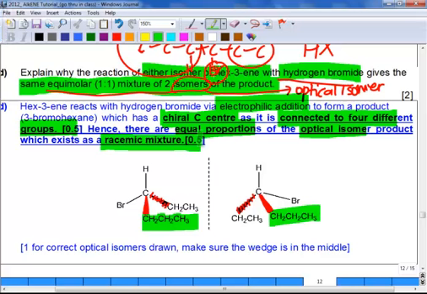So, class, racemic mixture, very simple. You can just simply think of it in your intro to organic, page 33 of your lecture notes.